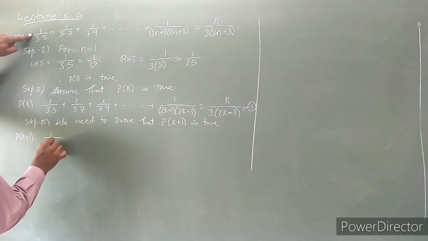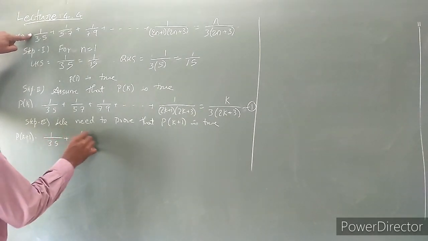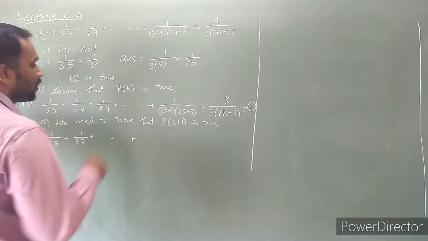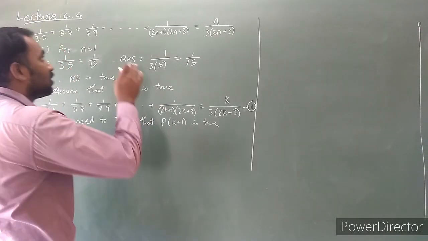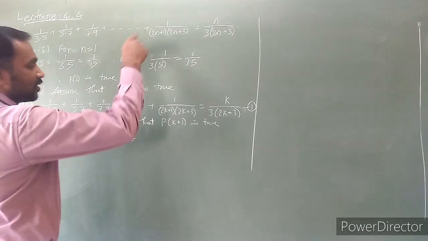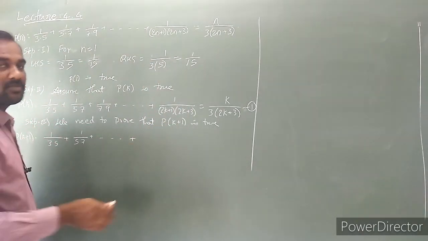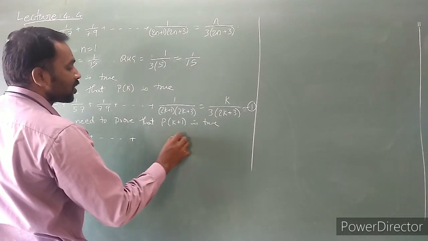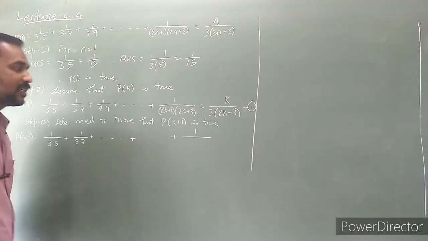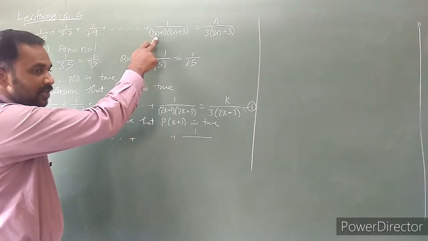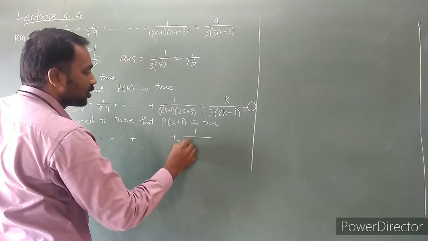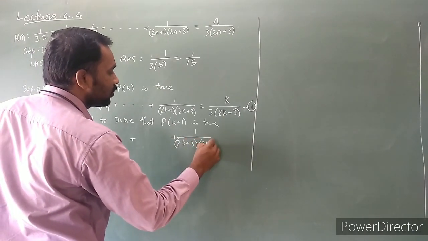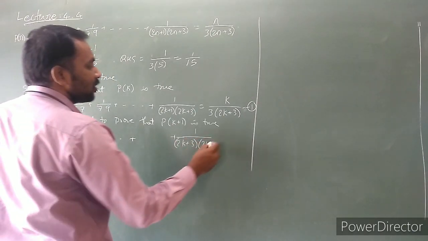So 1 divided by 3 into 5 plus 1 divided by 5 into 7 plus so on. Here only n terms are there. After replacing n with k plus 1, there will be k plus 1 terms. So in place of n, k plus 1: 2 into k plus 1 plus 1, that we can write as 2k plus 3, into 2k plus 5.